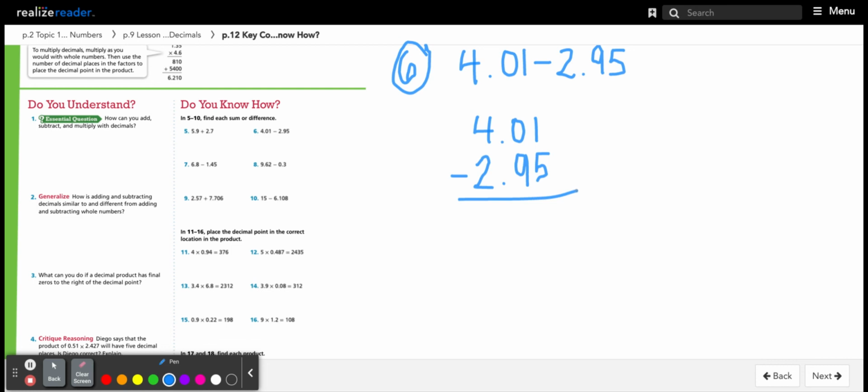So I have to borrow here. My 4 will become a 3. Then this 0 becomes a 10. That 10 has to become a 9, and then the 1 can become an 11. So now I have 11 minus 5 is 6. 9 minus 9 is 0. Bring down the decimal. 3 minus 2 is 1. So my answer is 1.06.